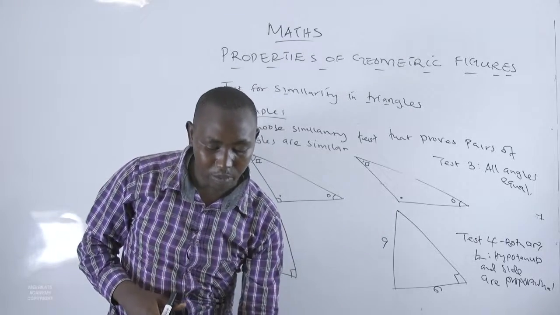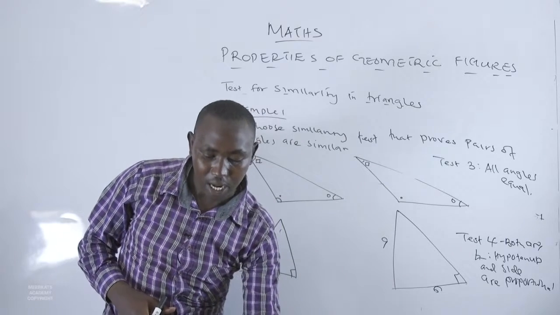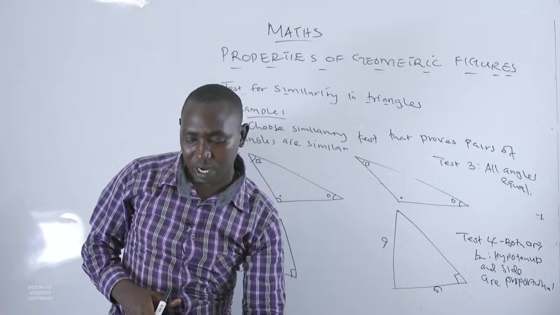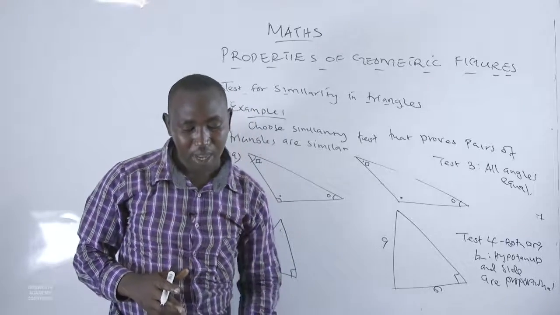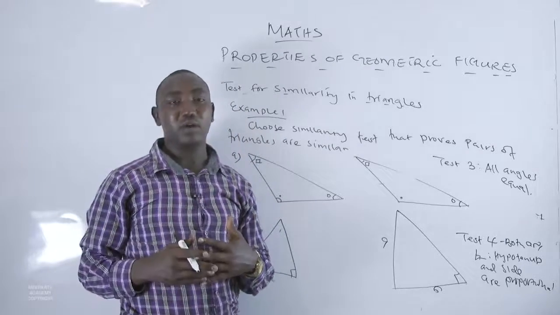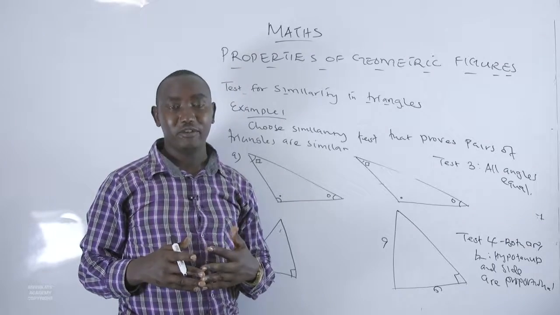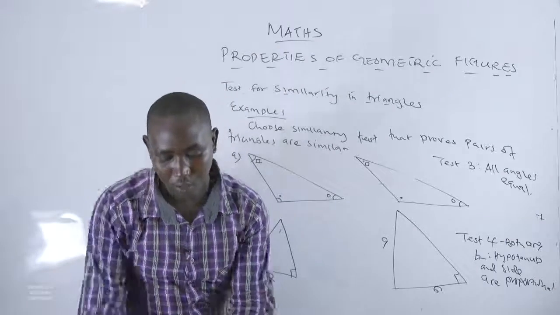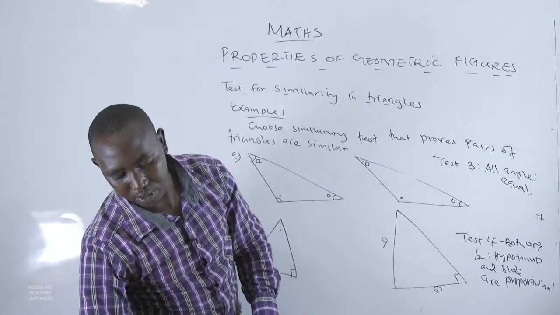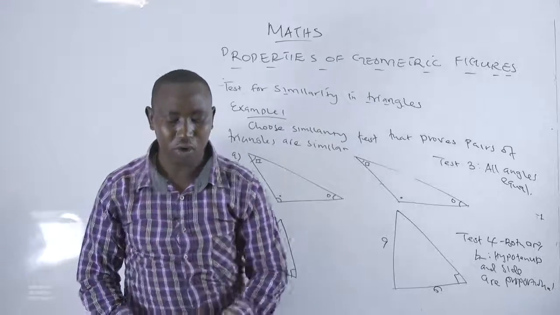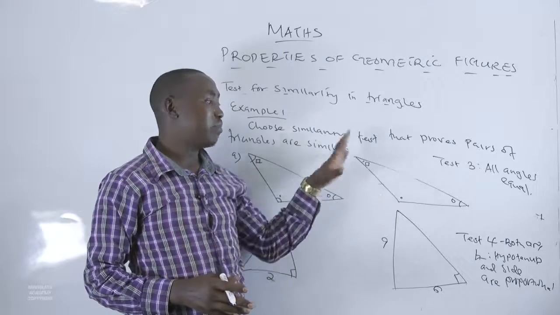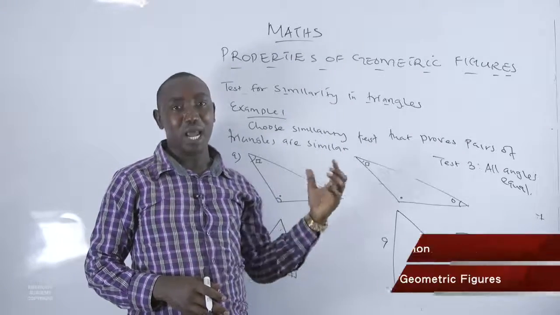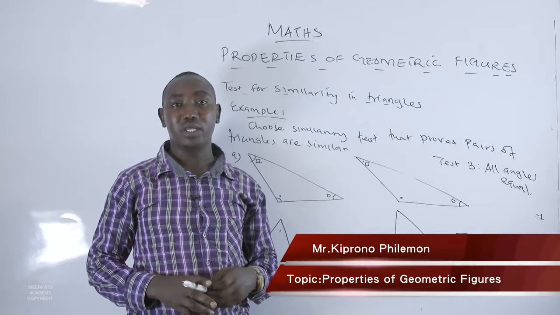We have also looked at how we can solve problems that involve enlargement and similar figures. Next time when we meet, we shall look at the proof and how we can apply similarity in triangles. Thank you.